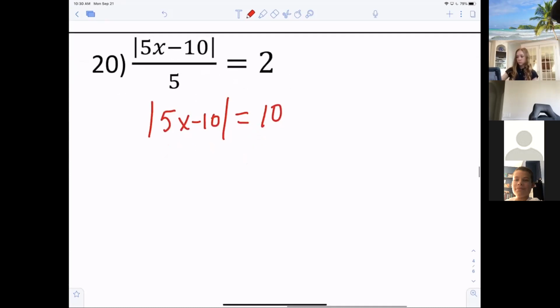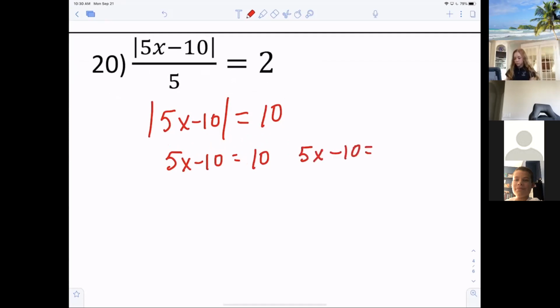So 5x minus 10 equals 10, and then 5x minus 10 equals negative 10. That's how you write both equations every single time. You isolate the absolute value and then you write the two equations.